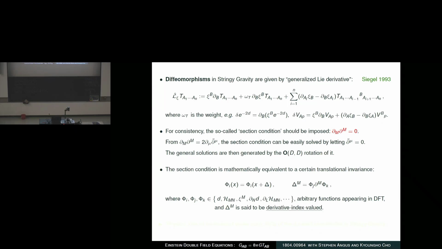And delta M, because this vector index can be identified as this derivative index, where the index is also raised by the O(D,D) invariant metric, this delta M is said to be derivative-index valued for obvious reasons. And if you consider any Taylor expansion of this, you can show easily that they are actually equivalent. So this lets me suggest that physics should be invariant under such a shift of the doubled coordinates in double field theory or in string gravity.